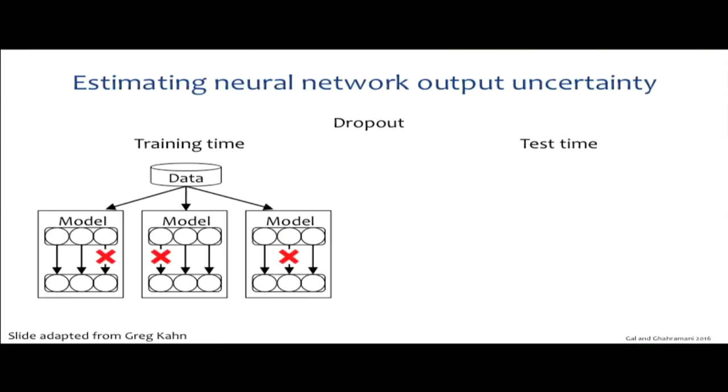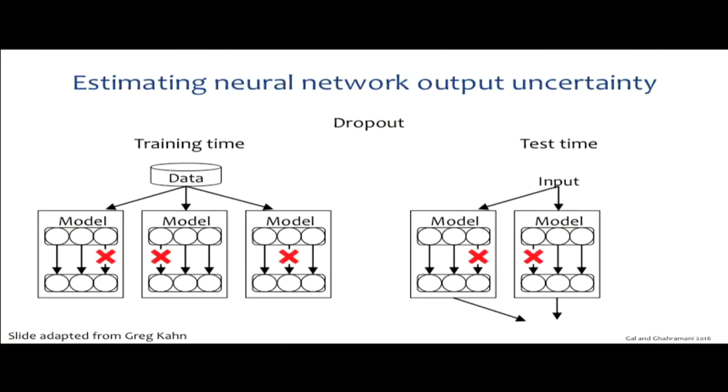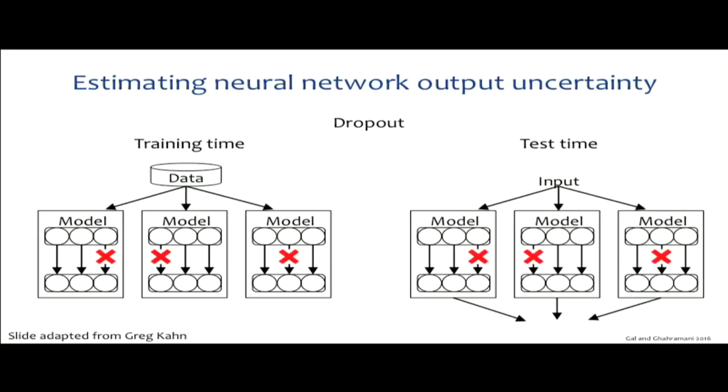And then at test time, unlike normal dropout, where you train with these dropped out connections by zeroing them out and at test time you don't include that, in this case at test time you still have these dropped out connections, and you look at the mean and variance across different dropped out versions of your network.